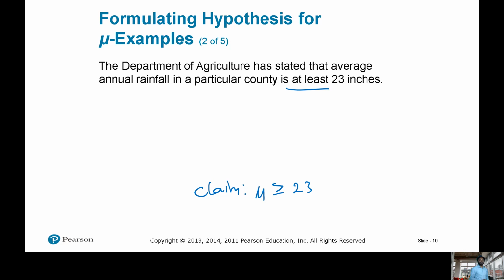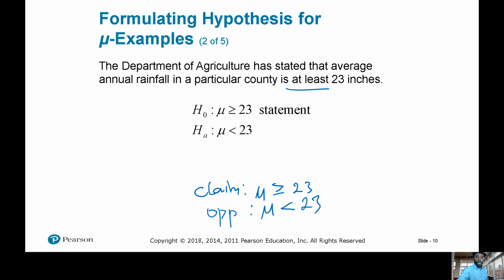So that's what the at least means. So that means that the opposite will be mu is less than 23. So looking at these, our null hypothesis will be the claim, and our alternative hypothesis will be the opposite.